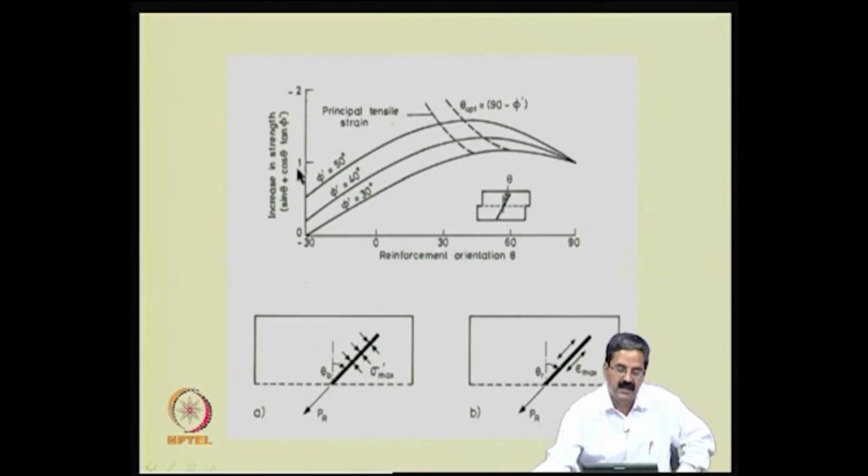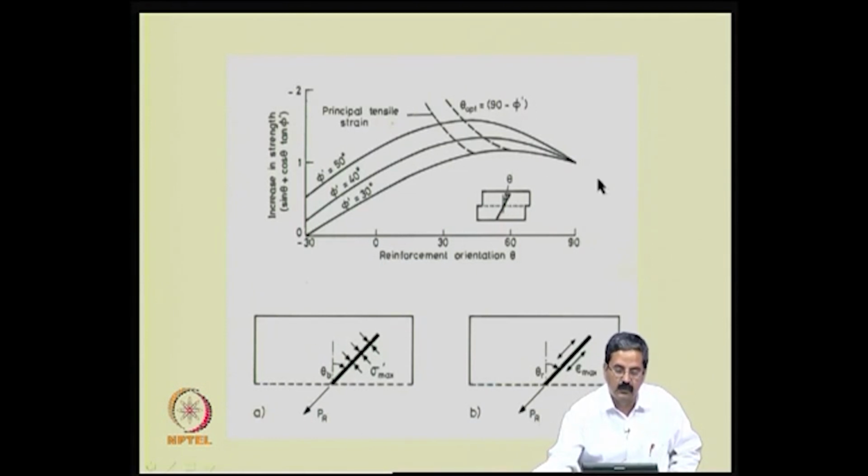So, the increase in shear strength will be slightly less. You may say that you will get a maximum effect like this, but because of these small minor things, there will be a minor reduction, that is it. So, that is what we should understand.